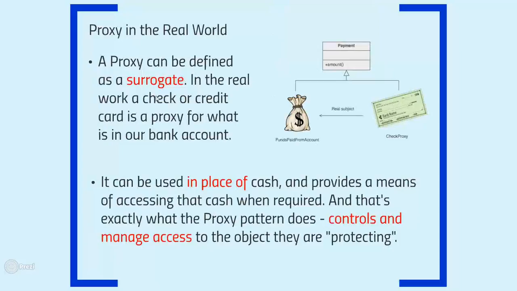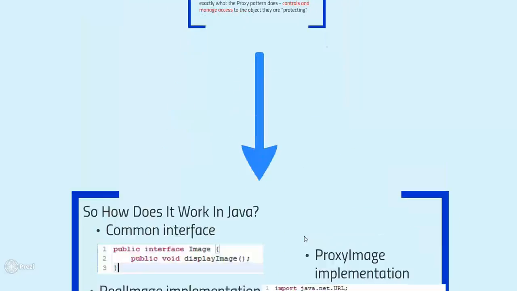In the real world, a check or a credit card is a proxy for what is in our bank account. We can use our check to represent the cash to make a payment, and that's exactly what the proxy pattern does: it controls and manages access to the object it is protecting.